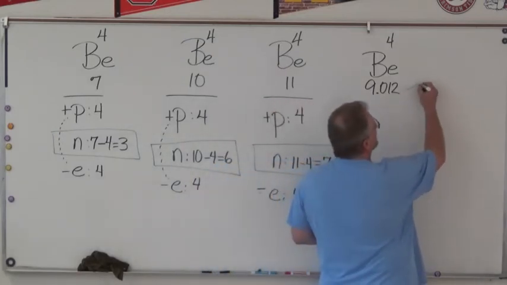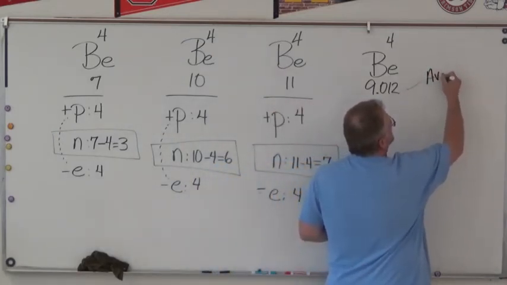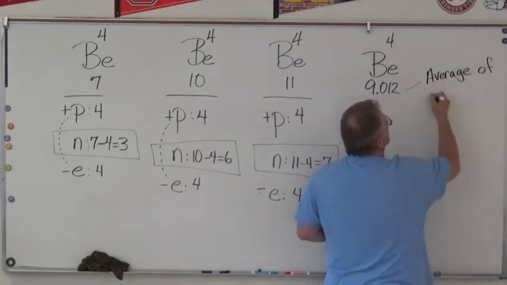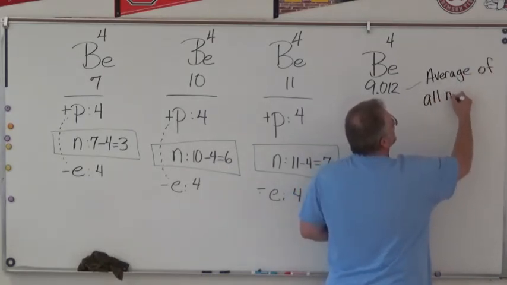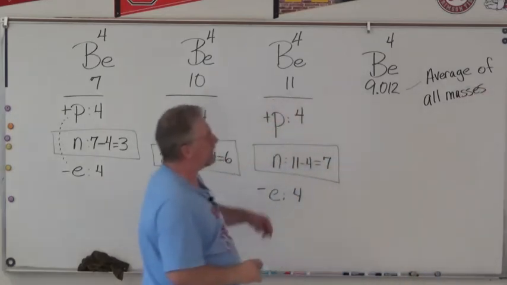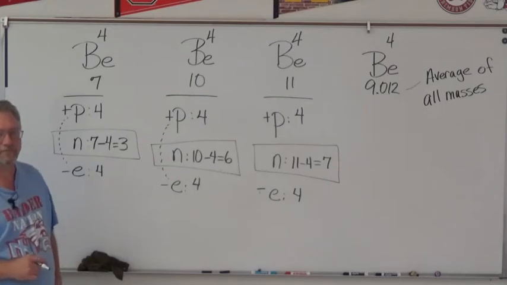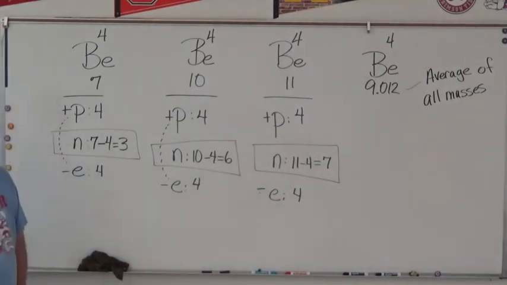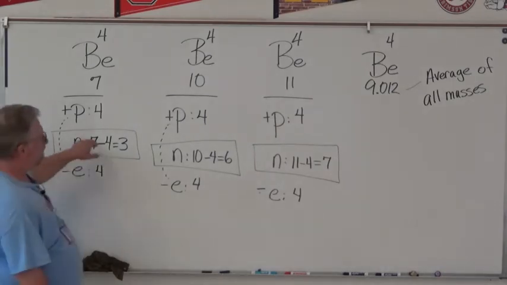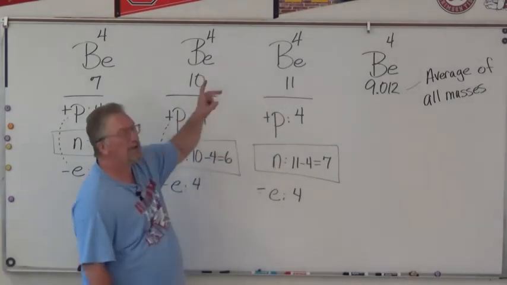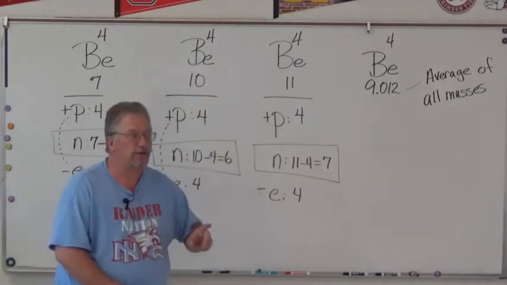Maybe I should put that up here. This is the average of all the masses, okay? It's the average of all the different kinds of masses of beryllium. Okay? Now, this now has a special name. When you change the number of neutrons in an element, what it does is it creates something new.